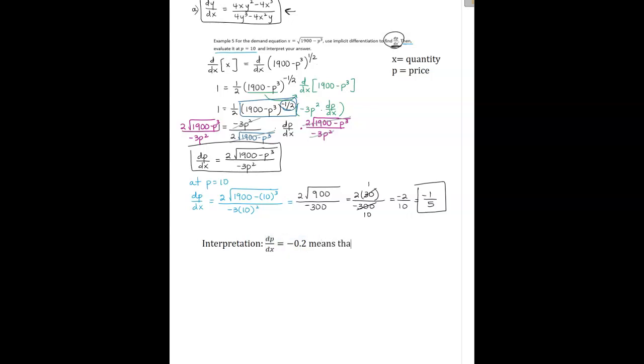So this means that the rate of change, now the rate of change of what? So we're talking about dp dx. So the rate of change of the price p in the numerator with respect to what's in the denominator, which is x, and x represents the quantity, is negative 0.2.